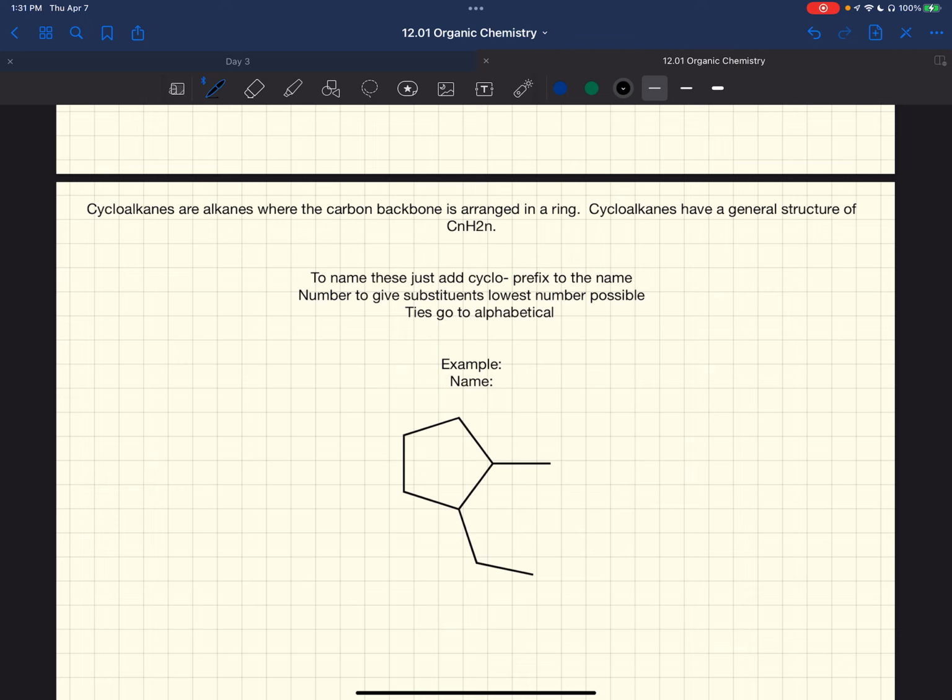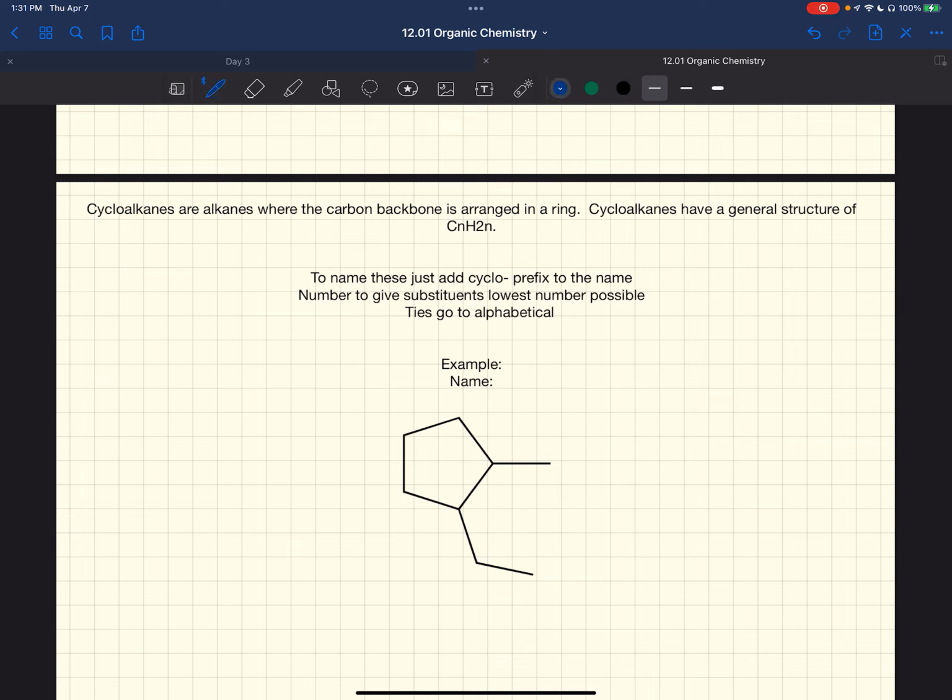Are alkanes where the carbon backbone is arranged in a ring. Cycloalkanes have a general structural formula of C to the N, H to the 2N. So there's no 2N plus 2. It's actually got 2 fewer hydrogens than an alkane or a branched alkane. Okay, but naming these is pretty easy. Just add the cyclo prefix to the name.